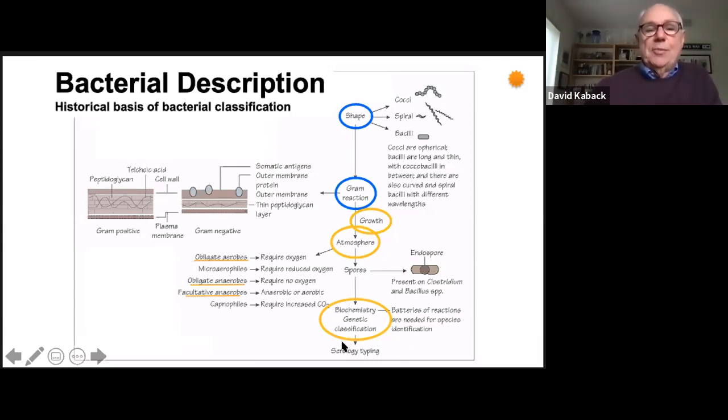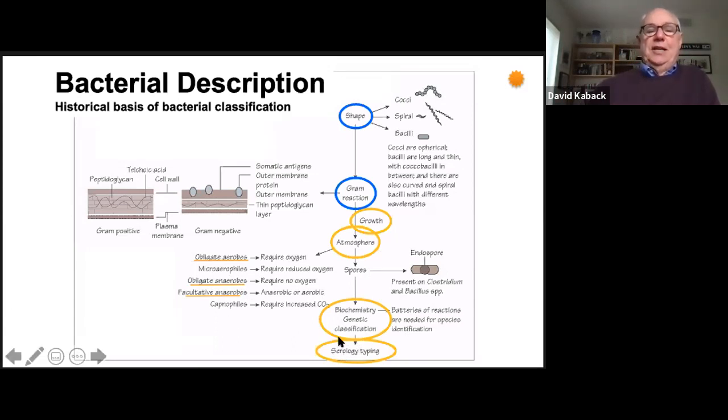We'll also hear about biochemistry and genetic classifications, for example whether they have certain enzymes. We'll hear about things like cytochrome oxidase, as in an organism being oxidase positive or negative. So all of these are important. And then finally, we will determine subspecies with serology.